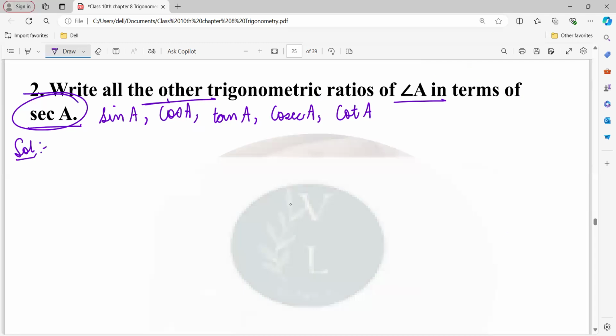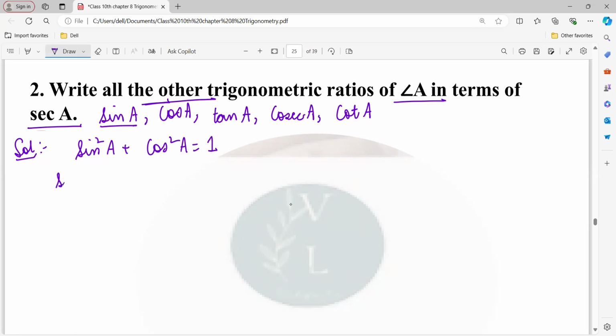Let's take sine square A plus cos square A equals 1. Now we want to find the value of sine in terms of secant. We know that sine square A plus cos square A is 1, where cos is equal to 1 upon secant.